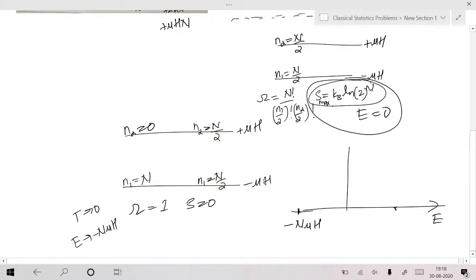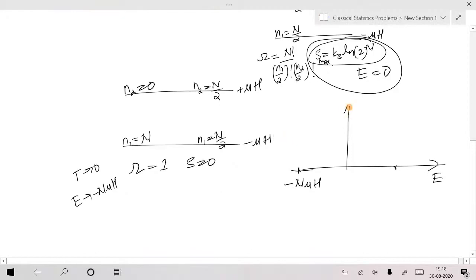So this is the entropy expression. Entropy is attaining some maximum value, equal to kB log of 2 power n. In that situation total energy is equal to 0. Somehow it will touch like this. I don't know the exact nature of the curve, but you can draw it roughly like this.